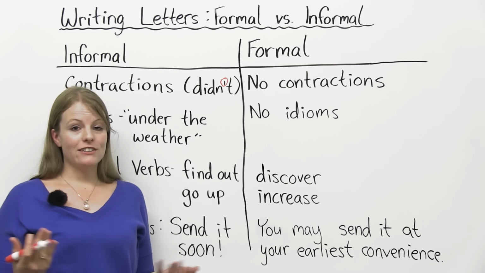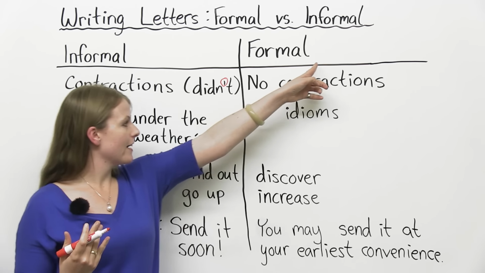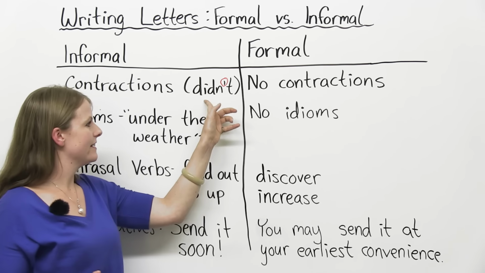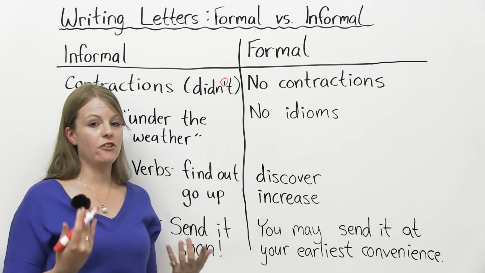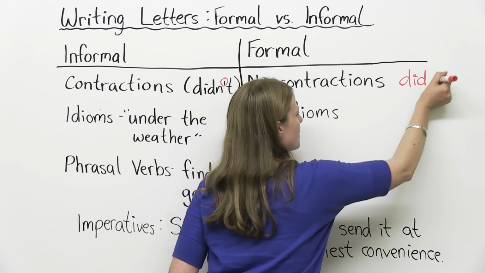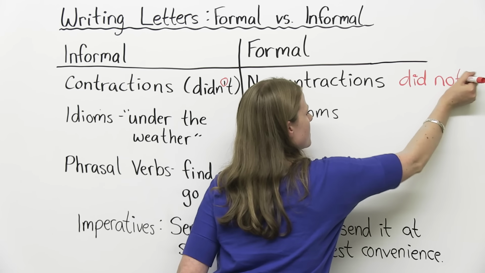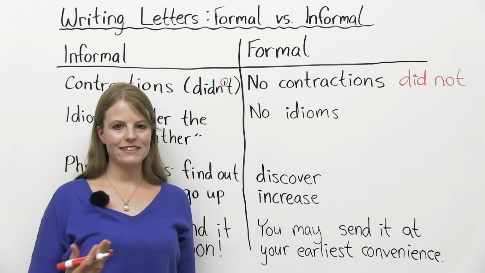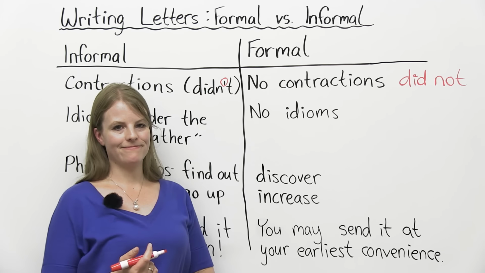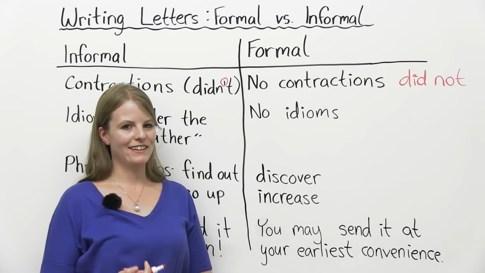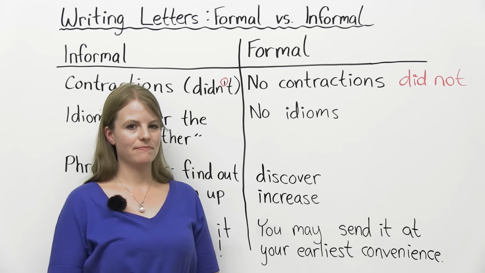It's very important to know this because in formal writing, you don't use contractions. Didn't would be did not. I can write that for you. Did not. Couldn't, could not. Haven't, have not. Can't, cannot. Okay, so that's one major difference.